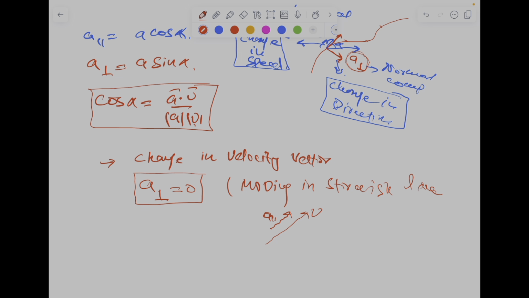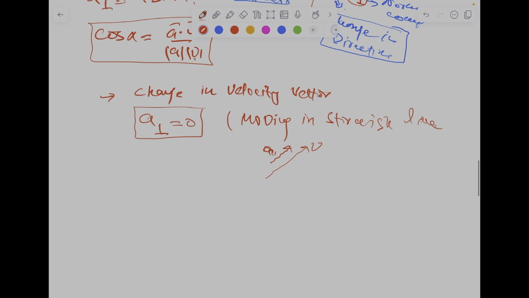Now, when the particle is moving with constant speed along a path, just like moving along a circular path, then the parallel component of the acceleration is 0, and we have only the normal component.